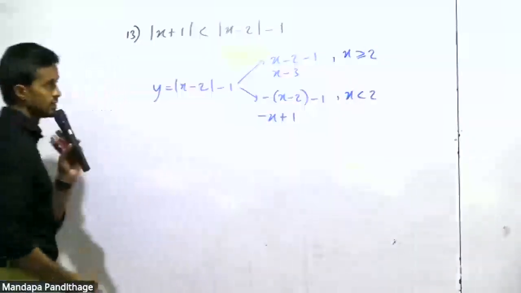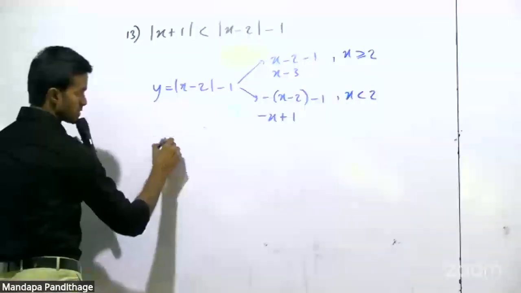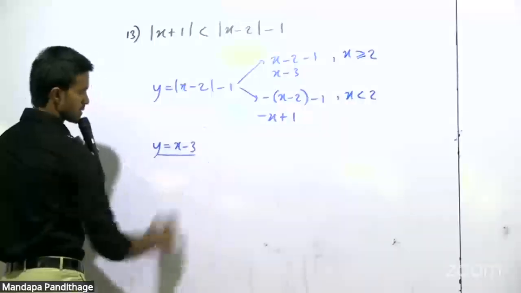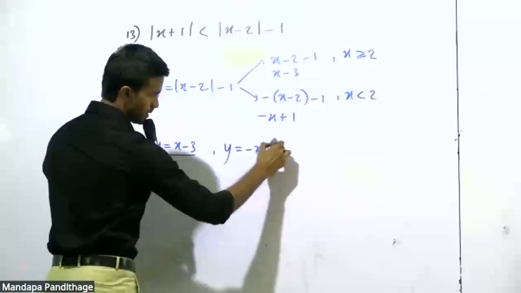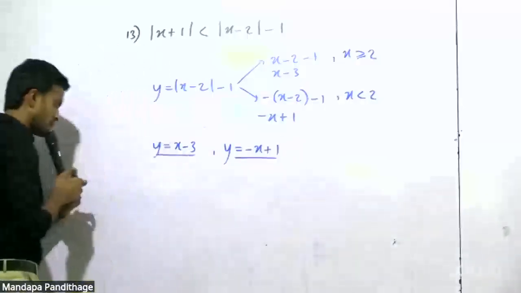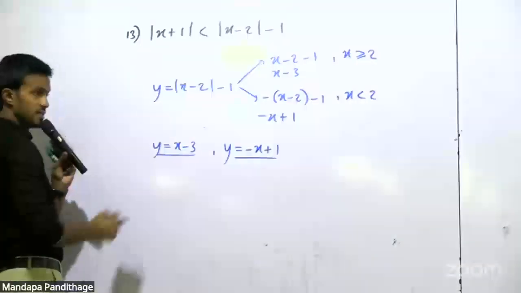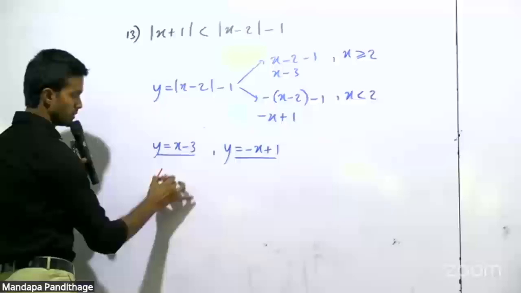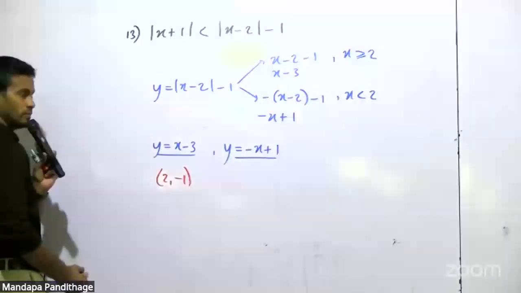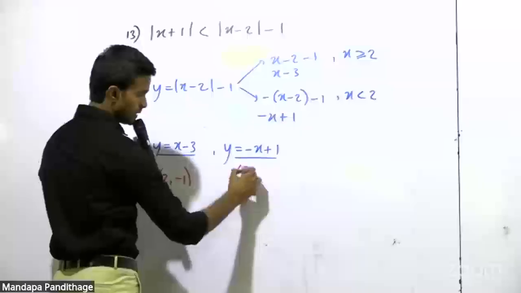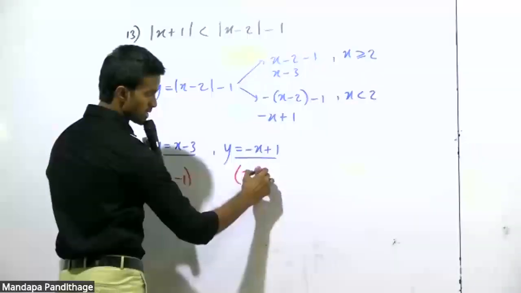Now look at this. The two straight lines that you are supposed to sketch are this and this one. If you put the turning point x equals 2, it's minus 1, which means it's not (2, 0). Even here, when you put 2 minus 2 plus 1, it's minus 1.